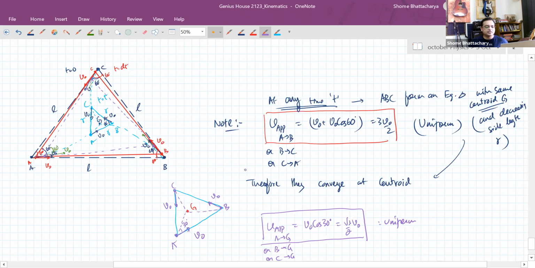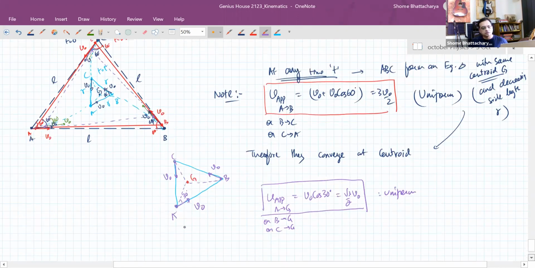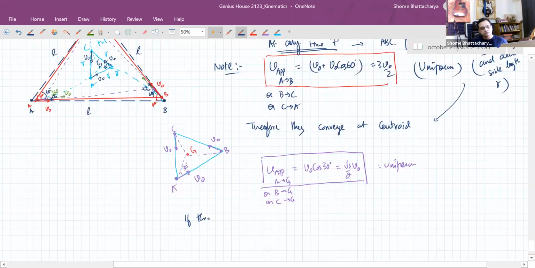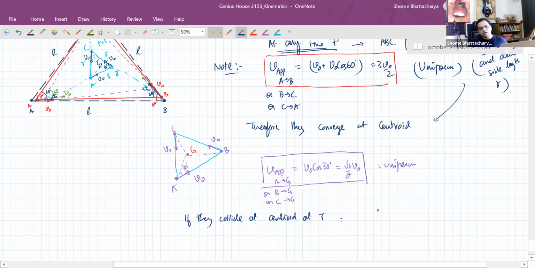So if they collide at the centroid at capital T, then we can see that the approach velocity of A towards B, which is equal to 3 V naught by 2, should be equal to minus of delta x between AB, that is the distance between AB, with respect to time, because this is uniform.